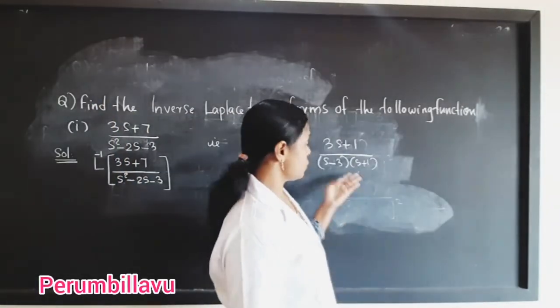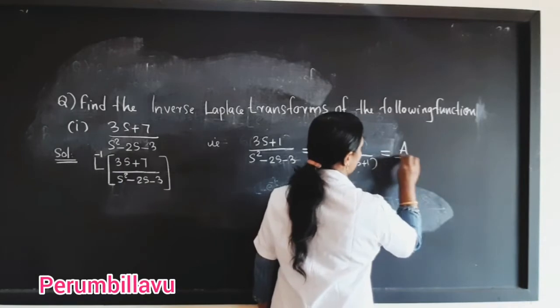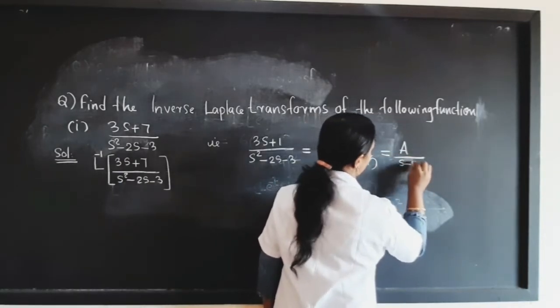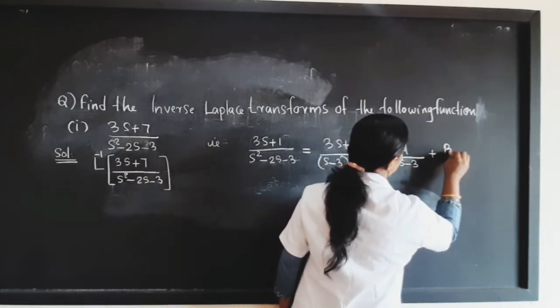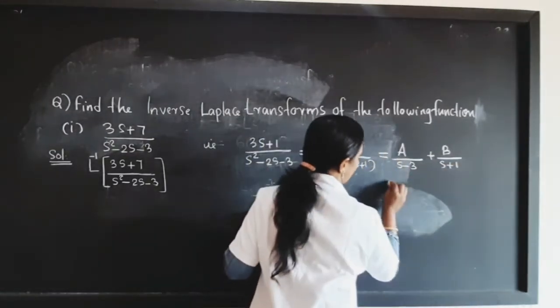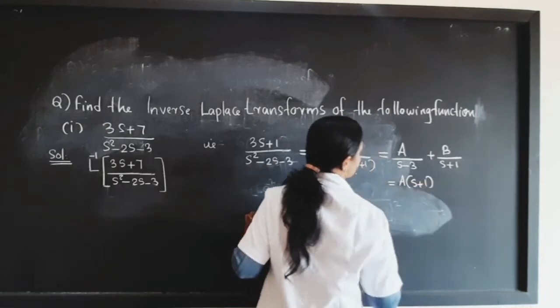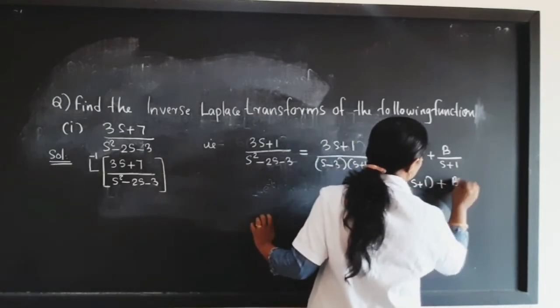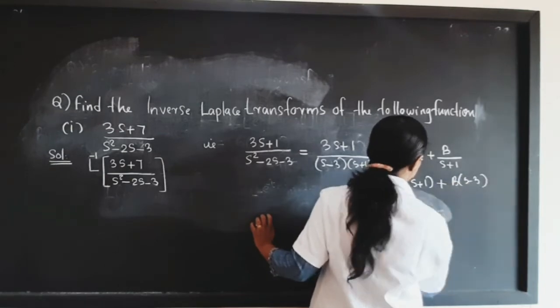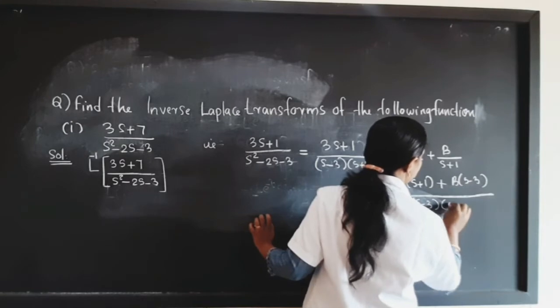Next we write it in partial fractions, that is, we write it as a by the first factor, s minus 3, plus b by the second factor, s plus 1. Cross multiplying, we get a into (s plus 1) plus b into (s minus 3), divided by (s minus 3) into (s plus 1).